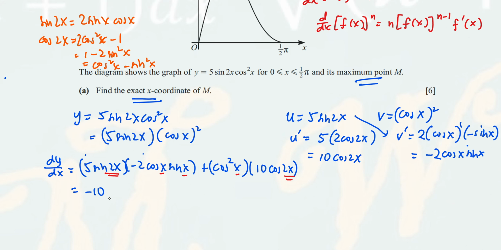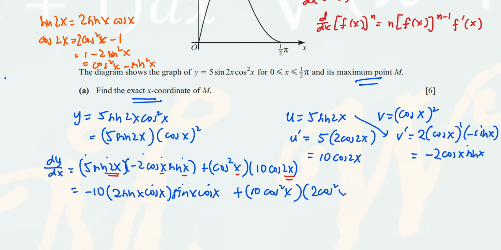So here I will change this sine 2x into 2 sine x cos x. And then here, sine and cos. Okay, plus the 10, rewrite first, cos square x. Then now here, the cos 2x, I will change to 2 cos square x minus 1, because here is cos square x.